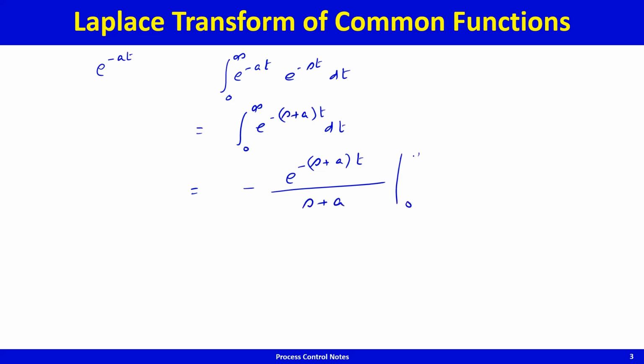Limits are 0 to infinity, so at t equal to infinity the term goes to 0, at t equal to 0 the term goes to 1, minus minus, so it will be 1 over s plus a.